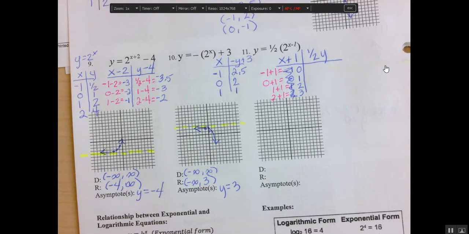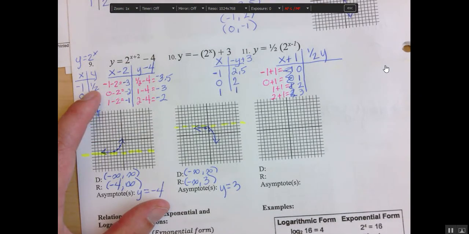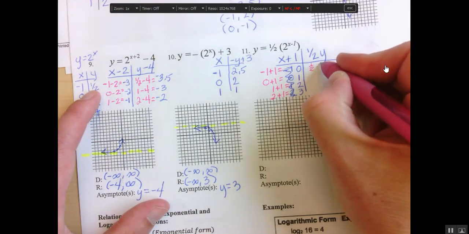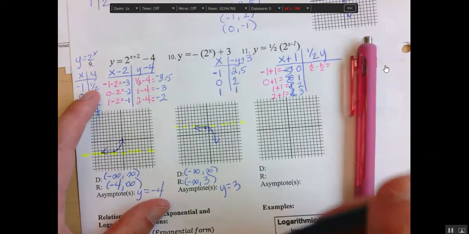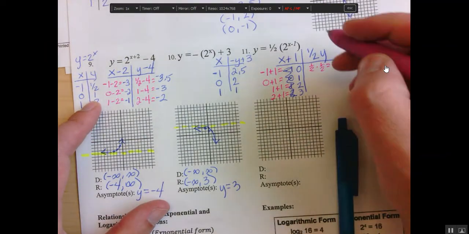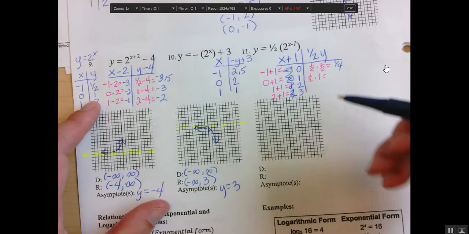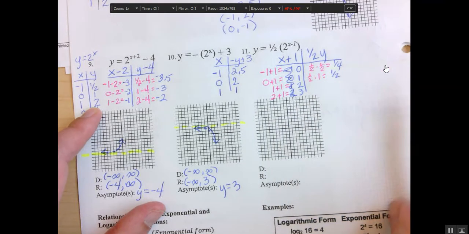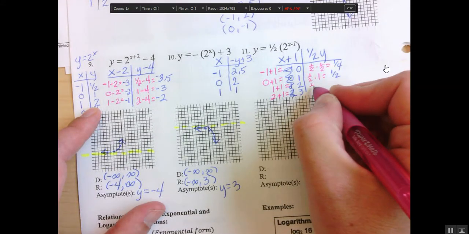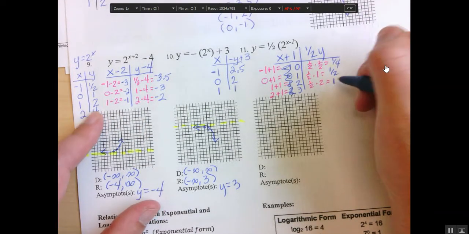Okay. Half of your y's. Half of a half is what? A fourth. Good. 1/2 times 1/2 is 1/4. 1/2 times 1 is a half. Good. 1/2 times 2? It's 1.